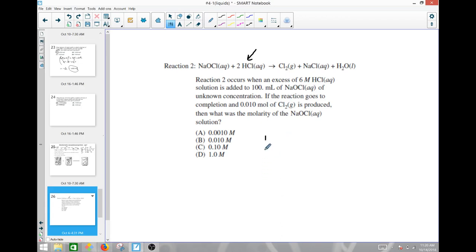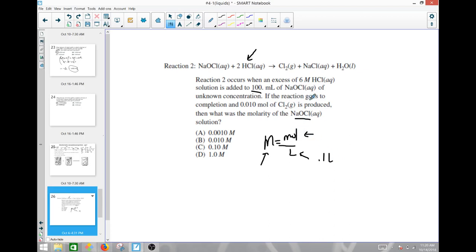All right, so we have molarity equals moles per liter out of this stuff right here. So I want my original volume and I want my original moles to give me my original concentration. Okay, so my original volume, as stated right here, is 0.1 liters. So now I just want to know how many moles I had of this stuff.